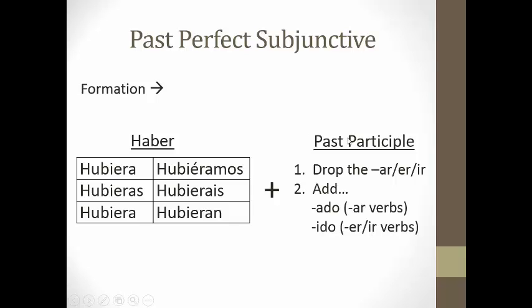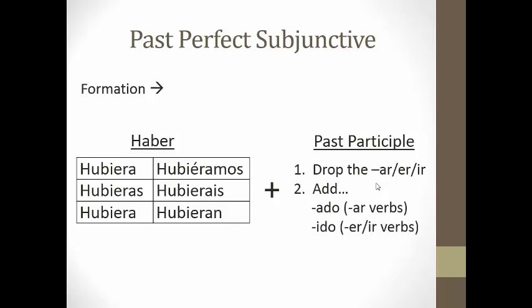And then again, to form your past participle, you drop the ending, the AR, ER, IR, and you add ado or ido. Just like we did with the present subjunctive, you can have the same 14 irregulars on the past participles. So that list on section B of your note guide applies to both present perfect subjunctive and past perfect subjunctive.